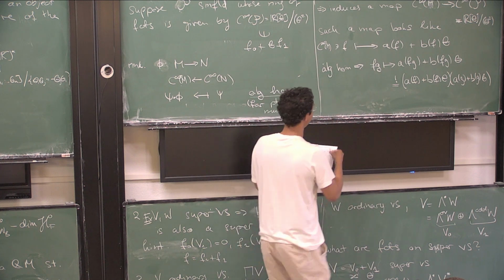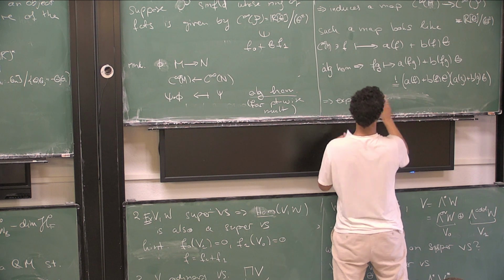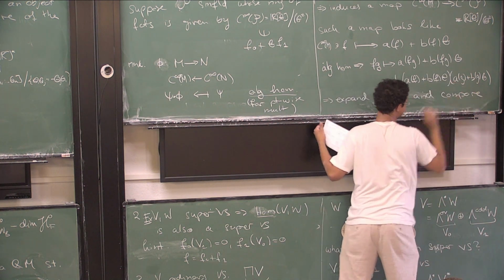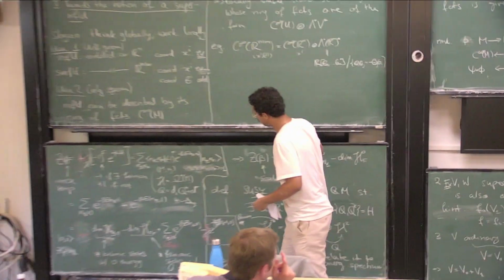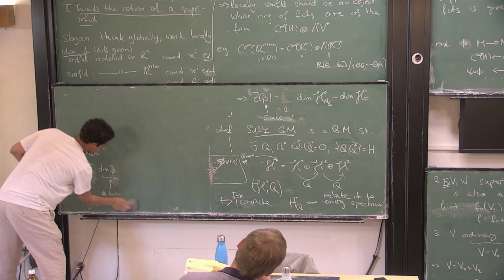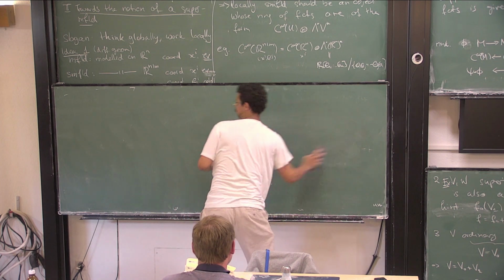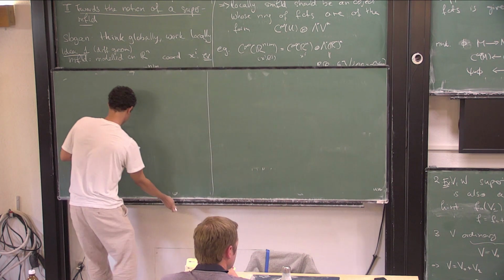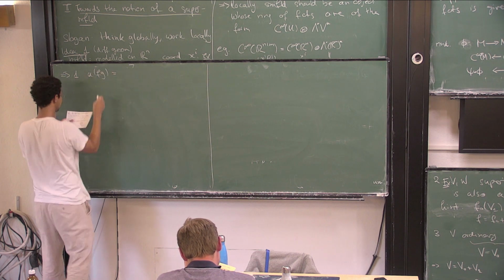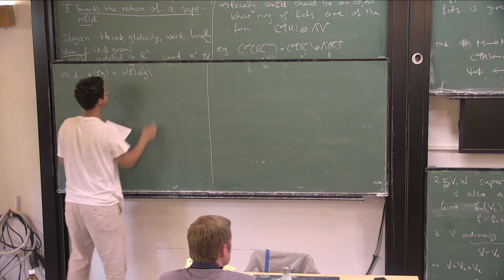Right. So now, if you expand both sides, or the right-hand side actually, and compare, noting that theta squares to 0, you get the first condition, namely that A of fg is A of f times A of g, right?